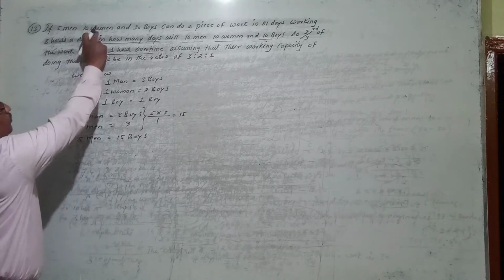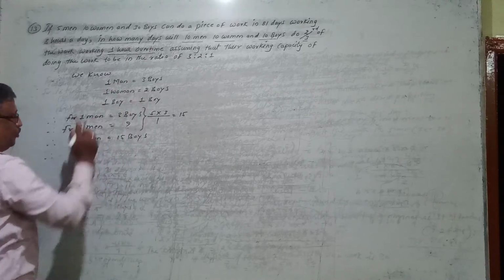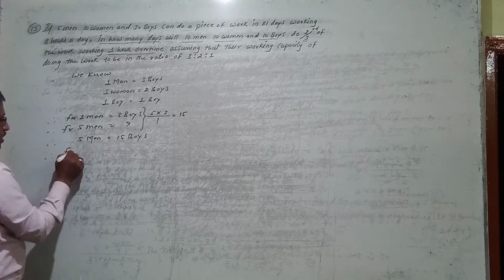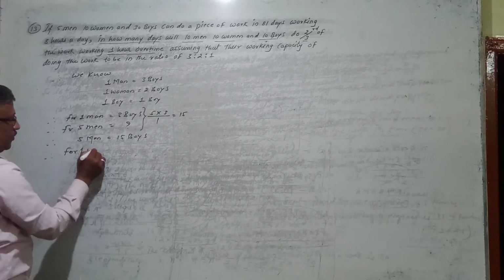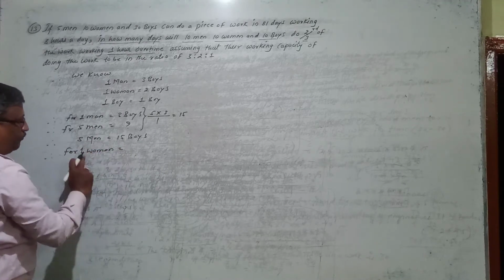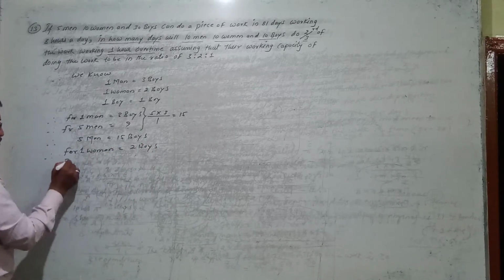In place of 10 women, how many boys do we have to employ? That we have to calculate. For that we have to use this second ratio. In the same manner we put the equation. If 1 woman is equal to 2 boys, what I want is 10 women. 10 women equal to how many boys?